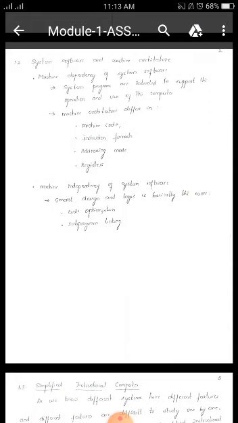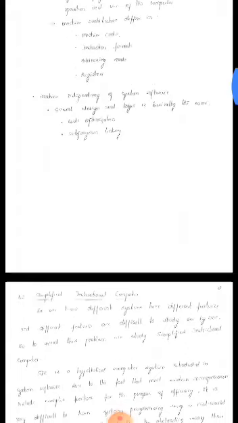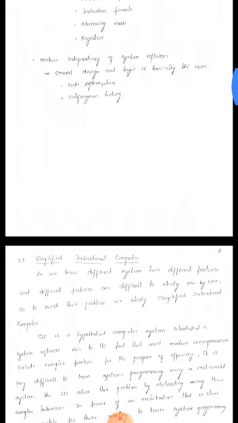So that's why I need to have all those things in hand when I develop any system software. That's why we say that system software is always machine dependent. Out of that, as I've written here, code optimization and subprogram linking are not dependent on any machine architecture. Why so? Code optimization uses temporary variables.